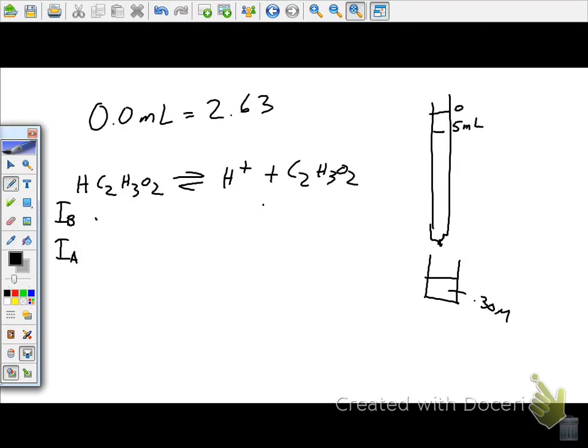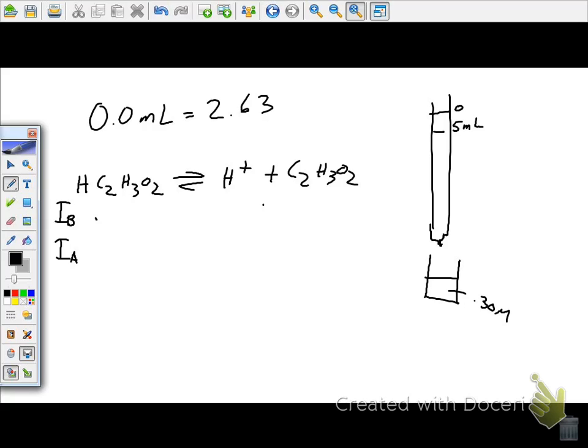So everything I put down on this initial before and after is going to be just in moles. I'm not going to deal with molarity because it's not going to affect my calculation. Okay? So what I'm going to do is calculate the moles before. So I had 10 milliliters, I have 0.30 molarity.